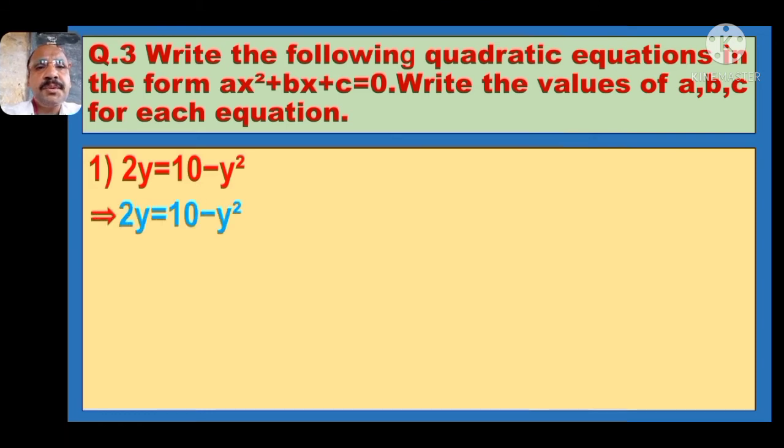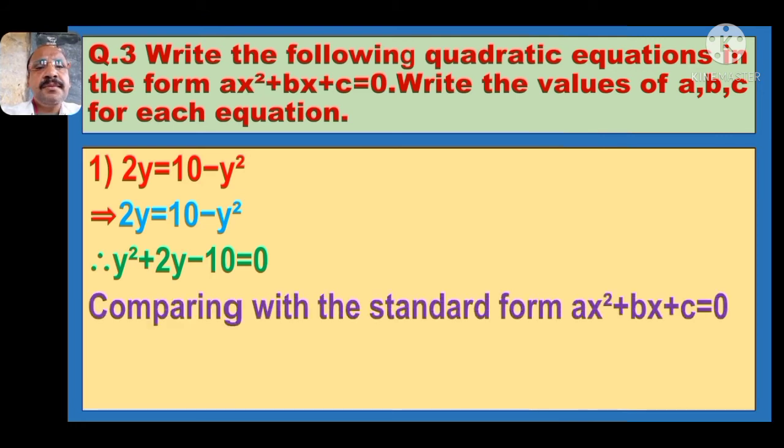When we rearrange this, we get y square plus 2y minus 10 is equal to 0. Comparing with the standard form ax square plus bx plus c is equal to 0, we get a is equal to 1, b is equal to 2 and c is equal to minus 10.